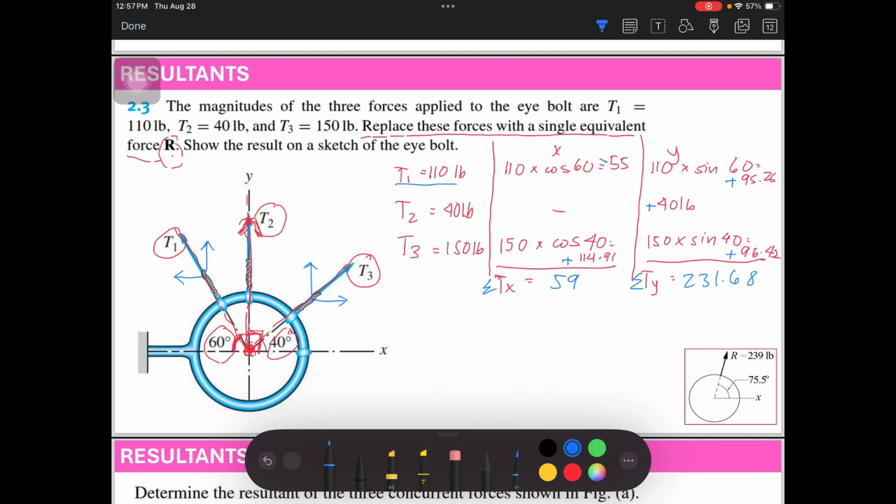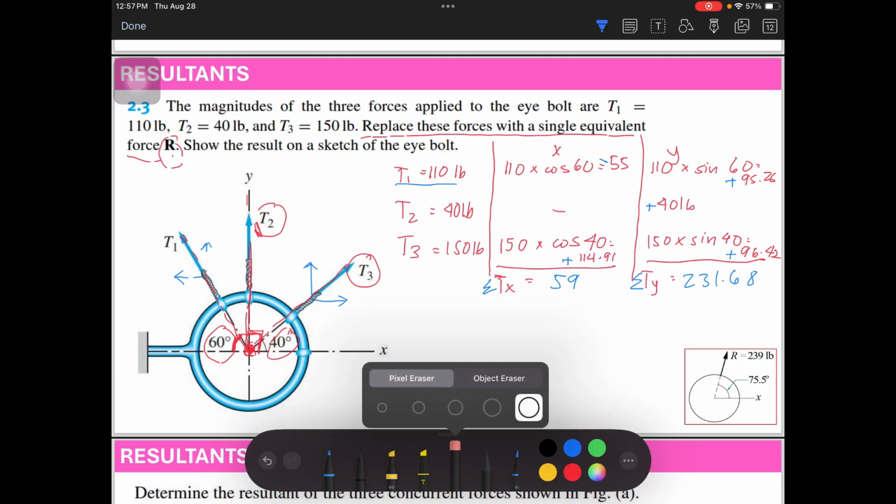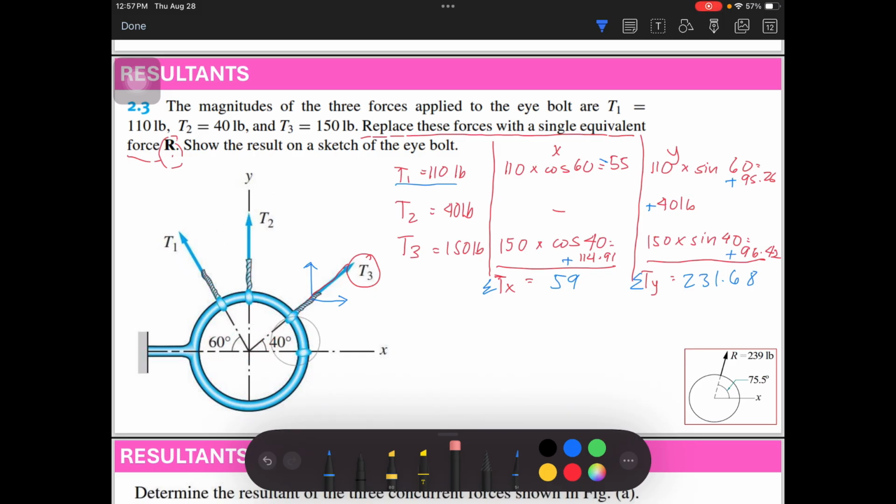Yan na yung component, vertical and horizontal component ng resultant. So, kumbaga, ang Tx niya is nandito and it's 59 pounds. And then, yung kanyang Ty ay syempre vertical and it's 231.68.